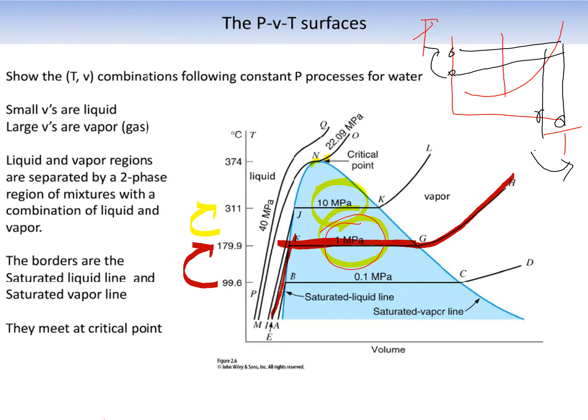boiling temperature will increase, and now this is constant temperature boiling, and then the superheated phase. If you continue to increase the pressure up to 22.09 megapascal, now there will be no boiling process that occurs at this pressure.